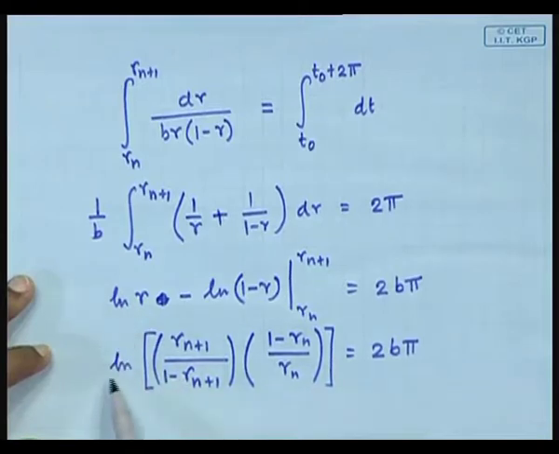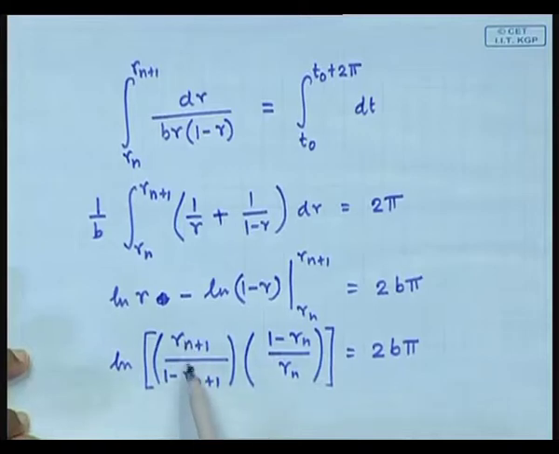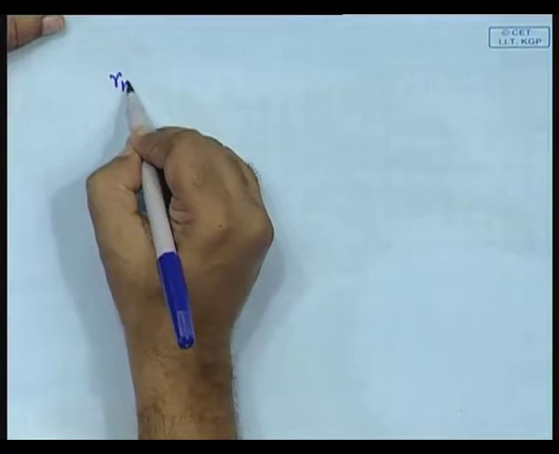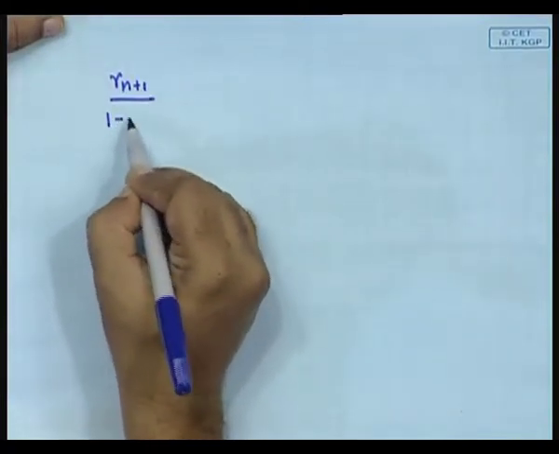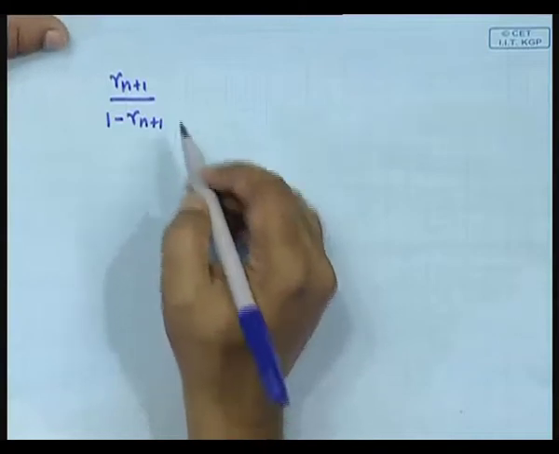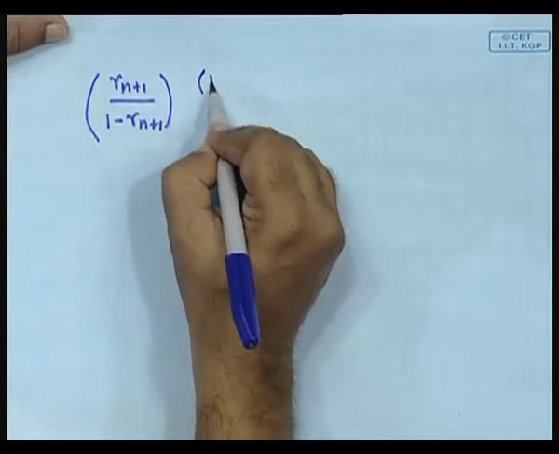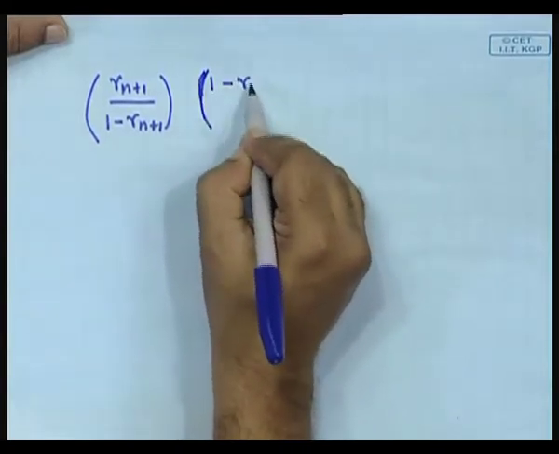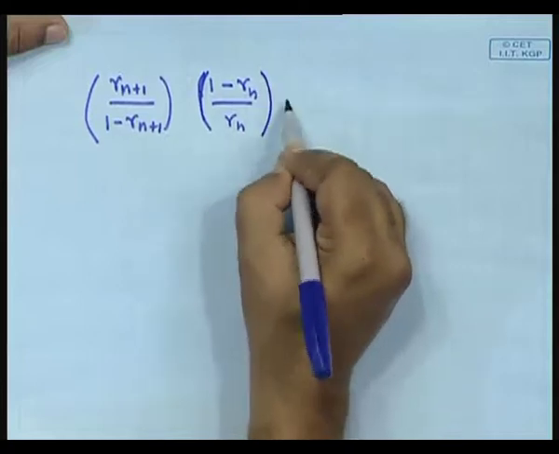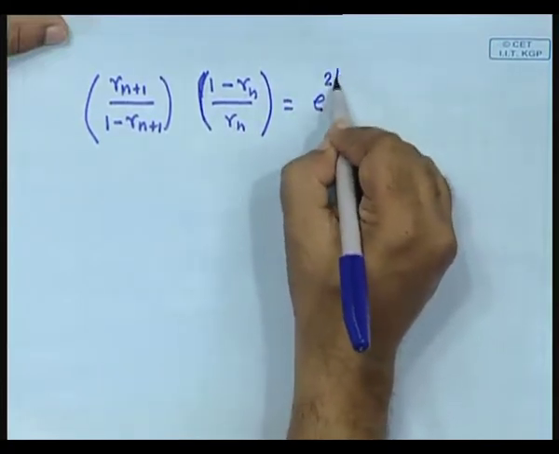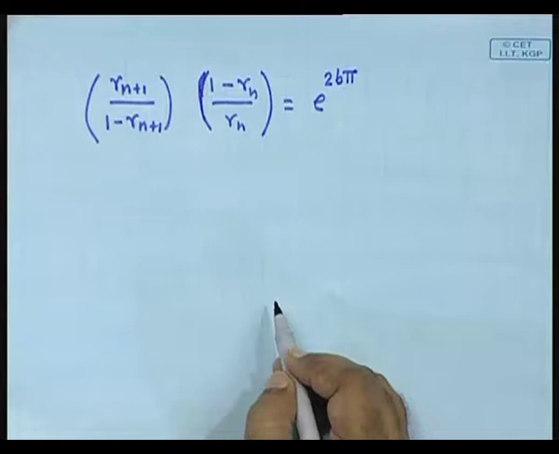So, now, since we have taken the ln out, we can get this out, and this would become exponential twice b pi. Then we can extract it out. So, it will be Rn plus 1 divided by 1 minus Rn plus 1 times 1 minus Rn by Rn is equal to e to the power twice b pi. Okay.